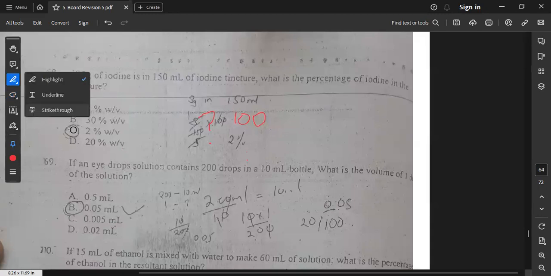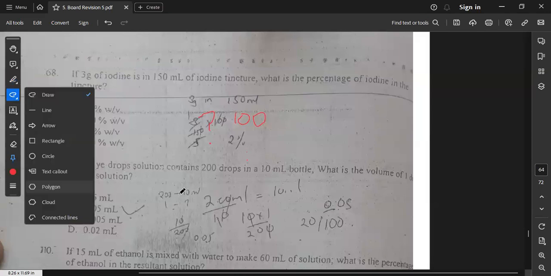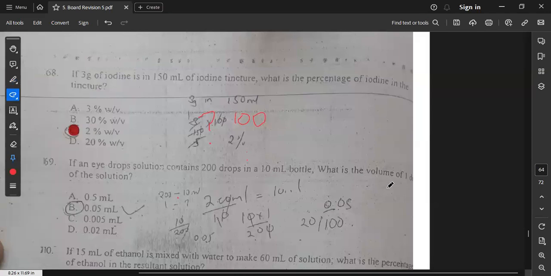Now, next, if an eye drop solution contains 20 drops in 10 ml, in a 10 ml bottle, what is the volume of 1 drop of the solution? So 20 drops are in 10 ml. It's 200 drops? Oh, yeah. So we divide.